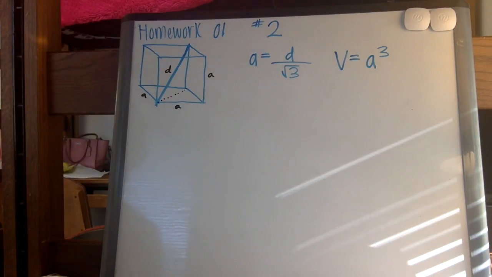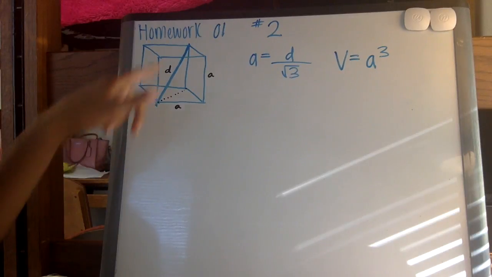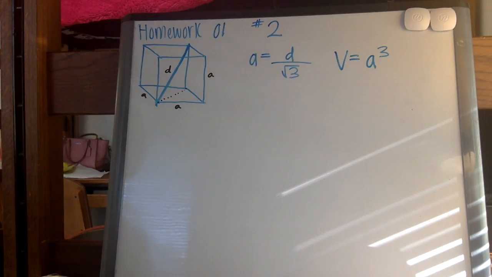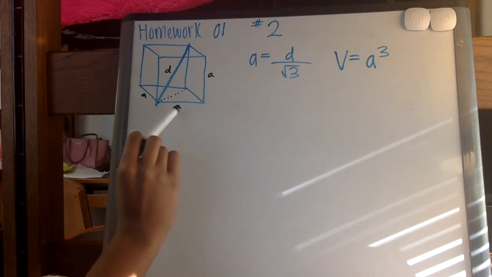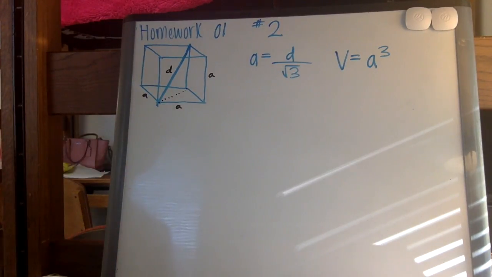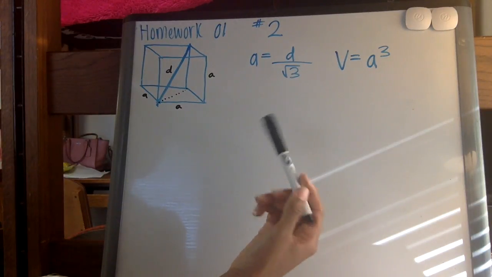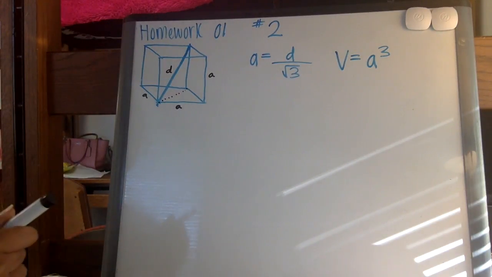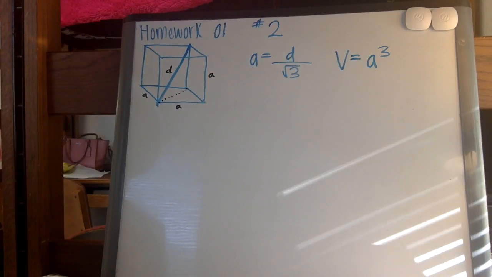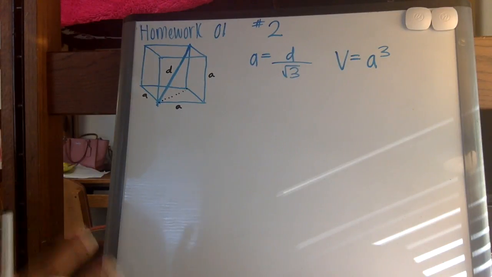The last part of this question is to find the volume. We're finding the volume of the same cube using the diagonal, which we use to represent d. In the first part, we found the side length, which we use the variable a to represent, and we know that a equals d over the square root of 3. Volume is basically what makes a two-dimensional object three-dimensional.